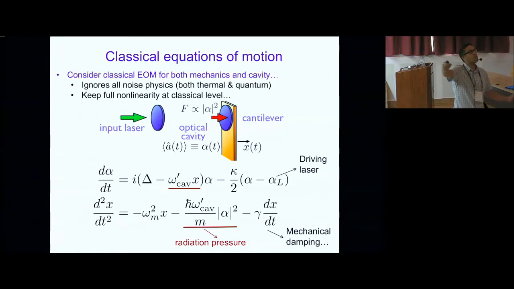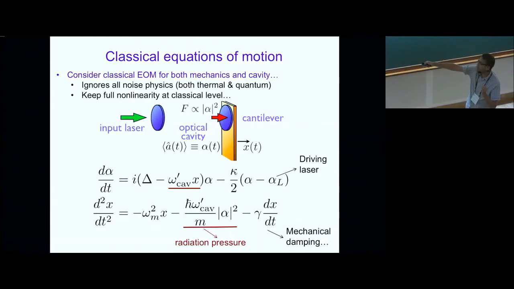This is that g naught, that little g I had written, divided by the size of the mechanical zero-point motion. Again, we're working in a rotating frame. Here I have the cavity frequency depending on position. I have the damping of the cavity. This is the external laser drive that I'm parameterizing with alpha L. Its phase doesn't matter for what I'm talking about, so let's just set it to 0.